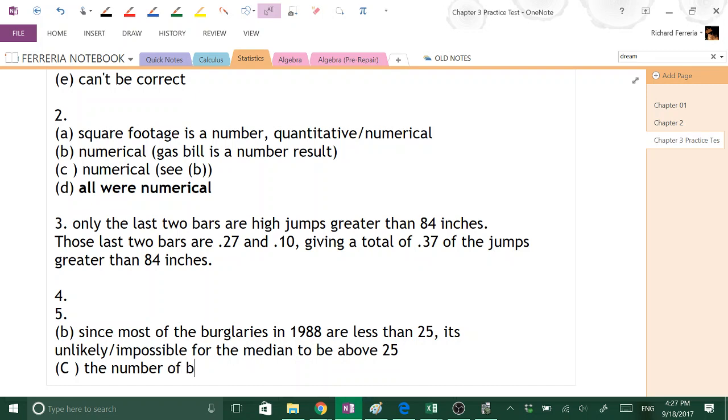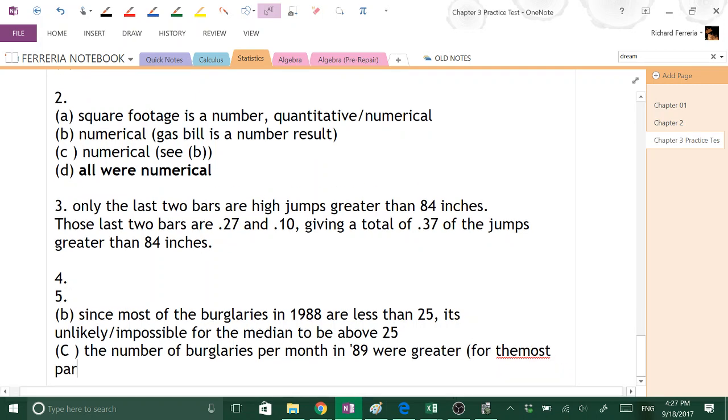The number of burglaries per month in 89 were greater, for the most part, than the number of burglaries in 88.